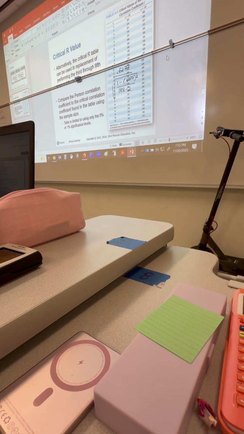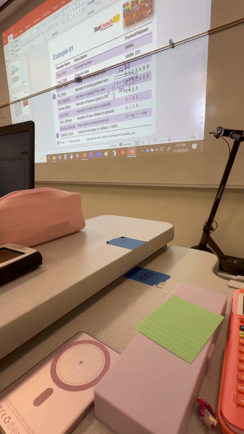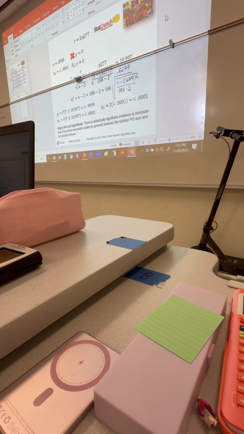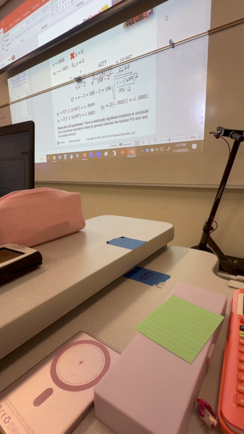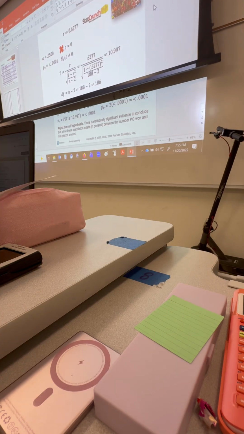The output of StatCrunch is very helpful. Let's see. I gave you all of this, right? I didn't take this off of your copy, did I? Okay.